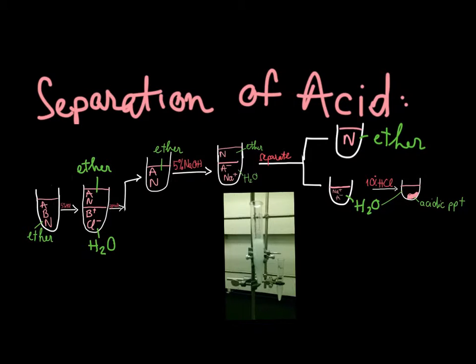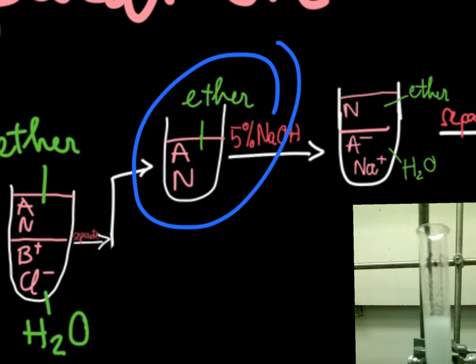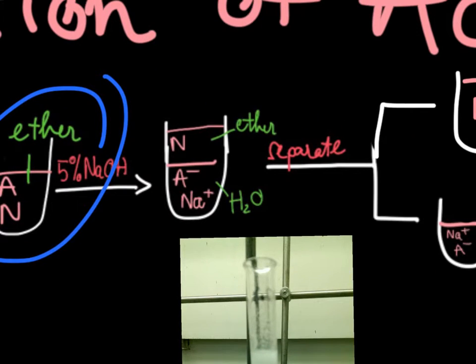Now, for the new ether layer that contains acid and neutral, I did pretty much the same thing as I did with the ether layer at the beginning. But instead of adding hydrogen chloride, I added sodium hydroxide in order to neutralize the acid.